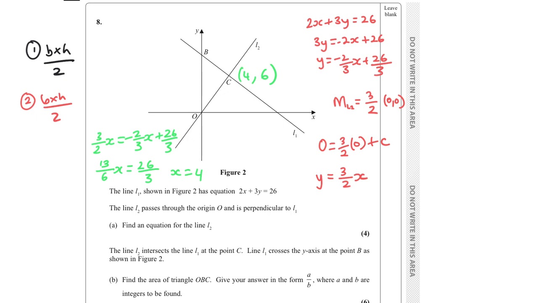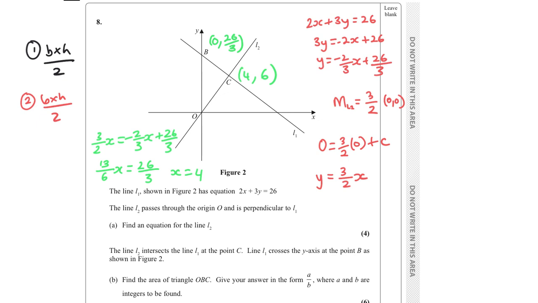Now my b coordinate here is where the line L1 crosses the y-axis. If it crosses the y-axis, x is 0. So where x is 0, that is when y equals 26 over 3. Because imagine if this is 0, 3y is 26, so y equals 26 over 3. So this is 0, 26 over 3.